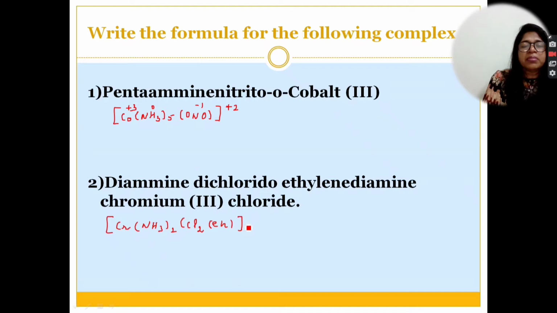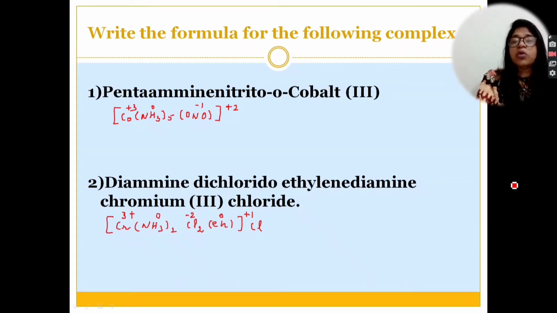Now chromium 3 plus. NH3 is 0. Cl is -1. 2 are there, -2. Ethylenediamine is 0. So outside the parenthesis, you will get +1. If there is +1, only one Cl is enough. If there was +2, you have to write Cl2. So this is writing formula from the given coordination names.